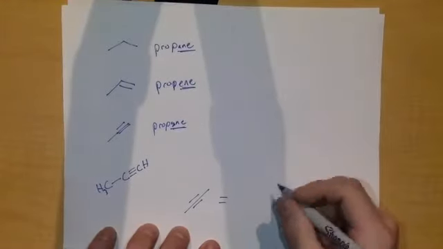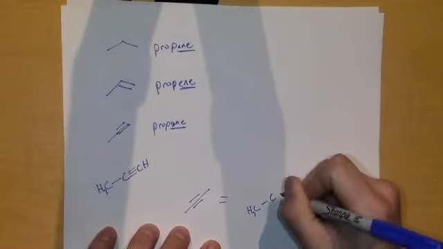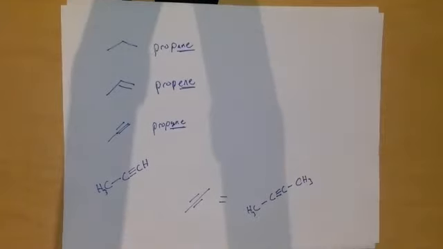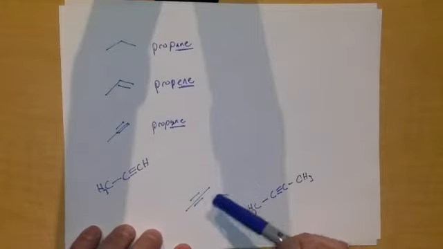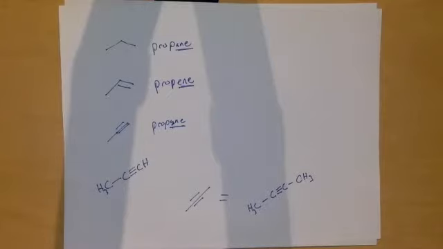This equates to a CH3, C, triple bond, C, CH3. So something to watch out for. It isn't just a really long bond with an awkward short triple bond in there. These are linear, so they're going to look a little bit different.